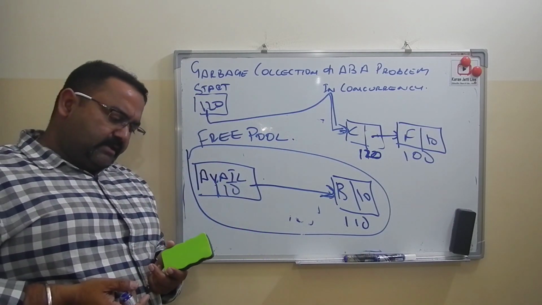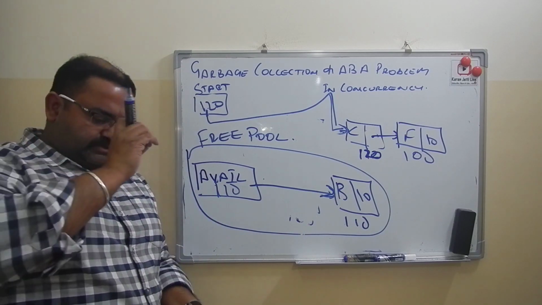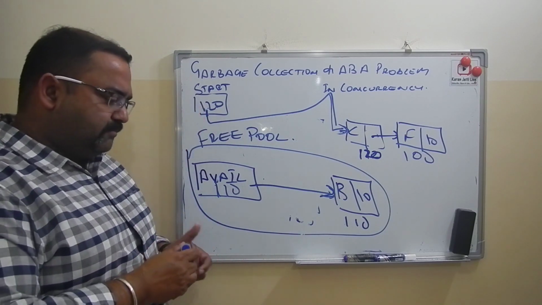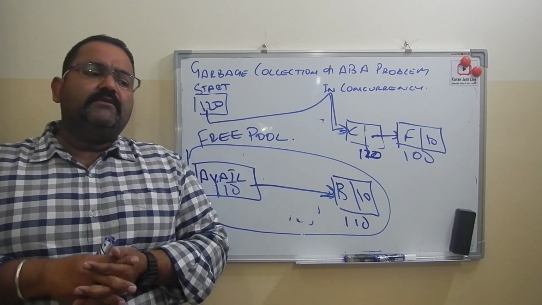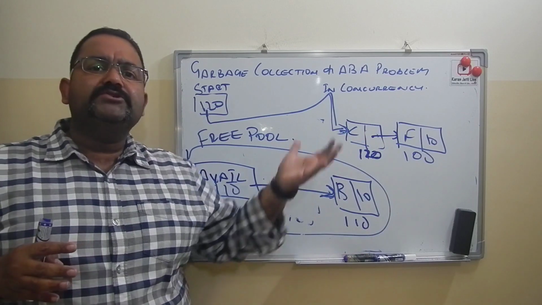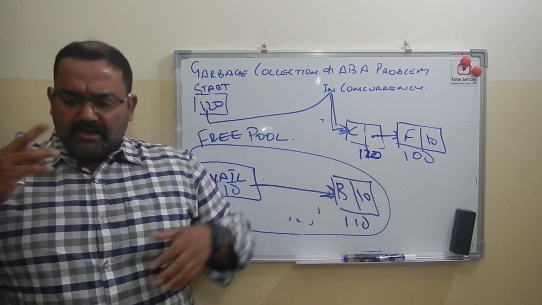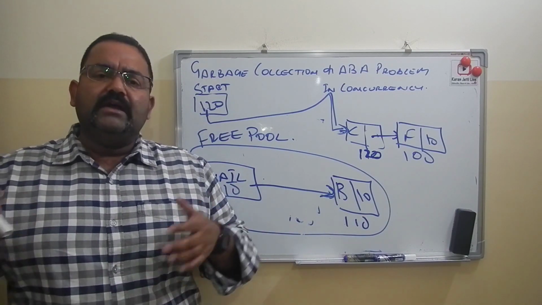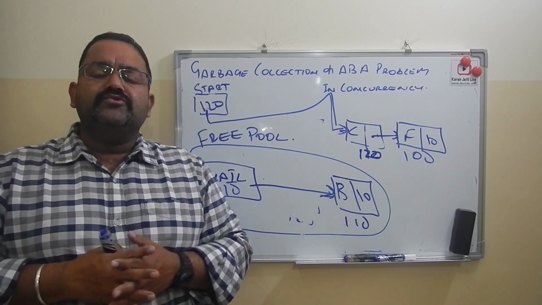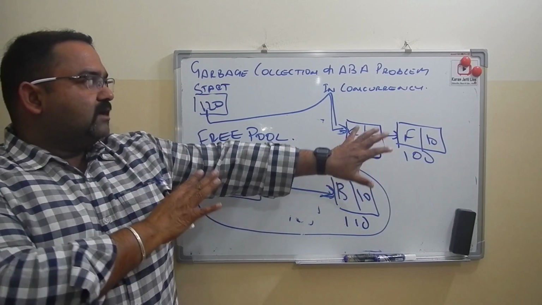Present day programming languages, for example Java, do this garbage collection automatically through the Java virtual machine. It does not bother the user. But in older programming languages like C and C++, the user has to do the garbage collection.